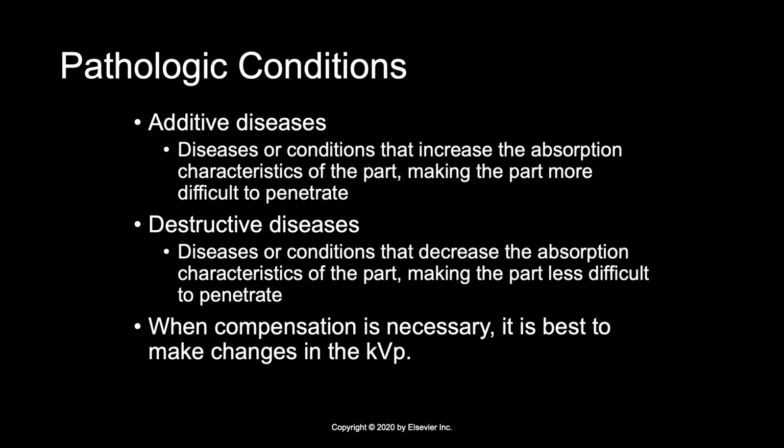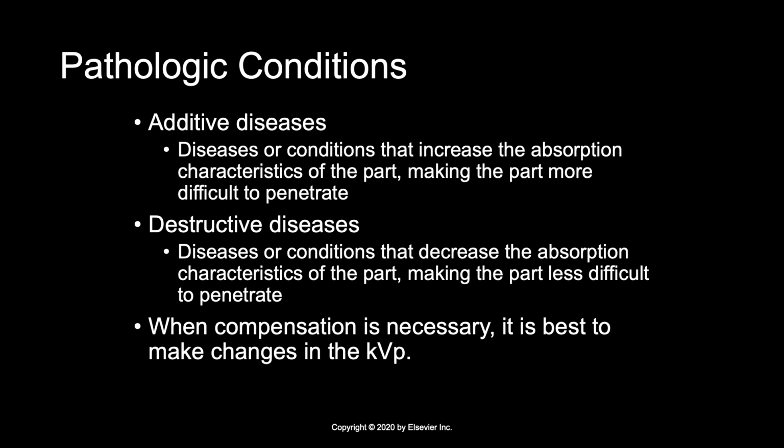Destructive diseases are those diseases or conditions that decrease the absorption characteristics of the part, making the part less difficult to penetrate. So for additive diseases, we will have to increase our kVp, and for destructive diseases, we will decrease our kVp.